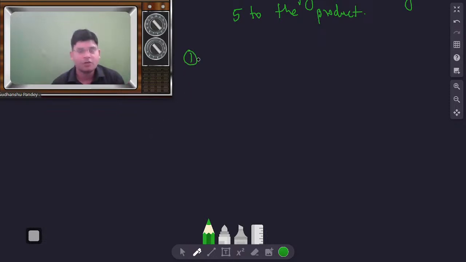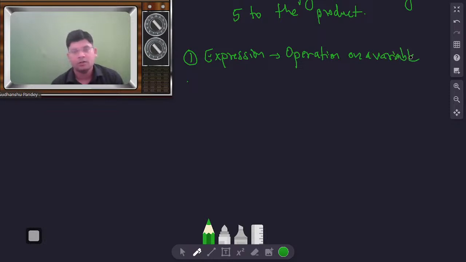So first we all understood what is an expression. Expression means it is a simple operation on a variable. Now a variable you all know, whose value is not fixed, no fixed value.